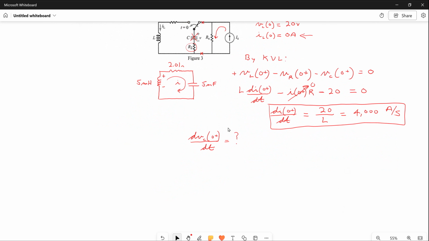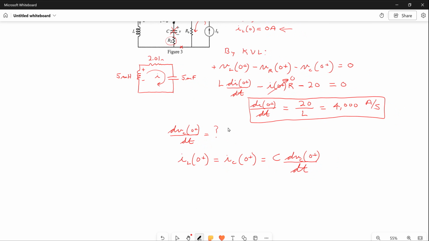Because the current in that series circuit at 0 plus, which is the current in the inductor, has to equal the current in the capacitor at 0 plus. And we know that the current in a capacitor at all instants of time is C dVC of 0 plus over dt.